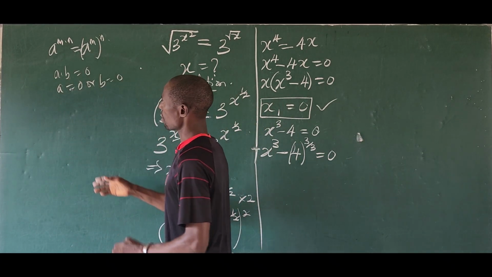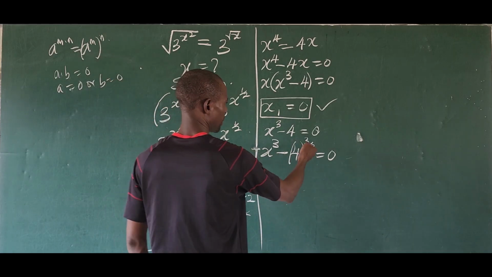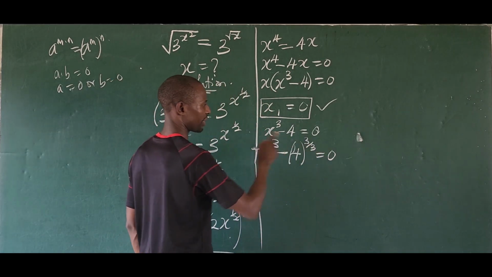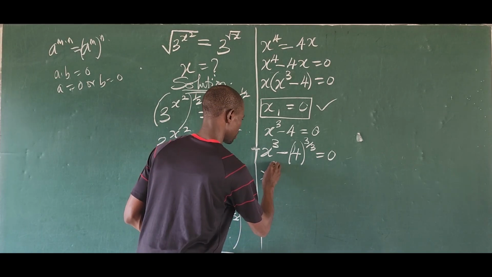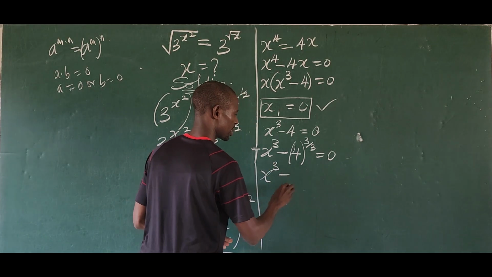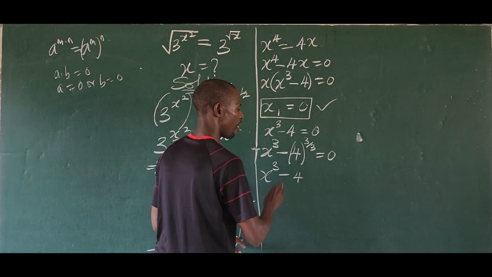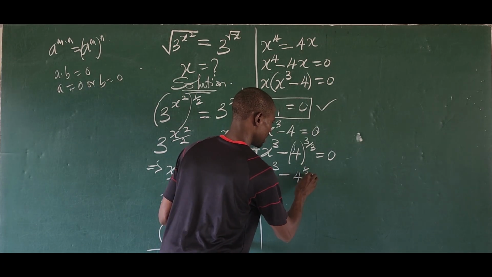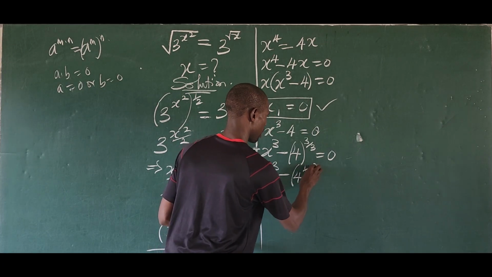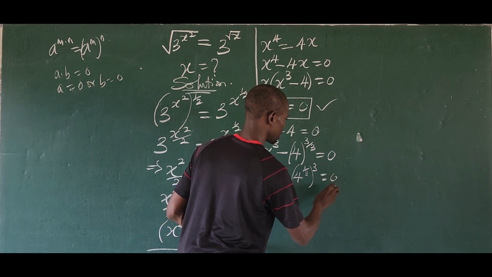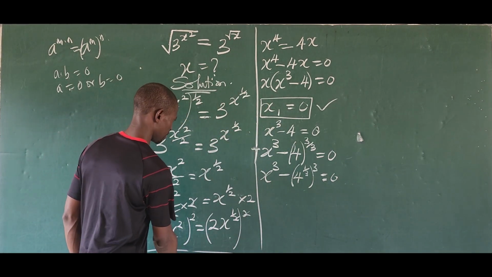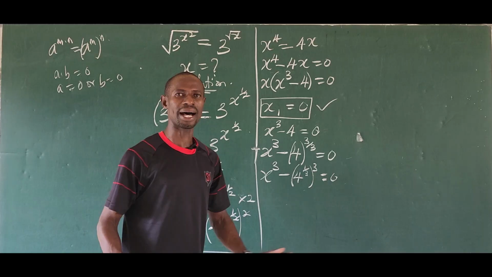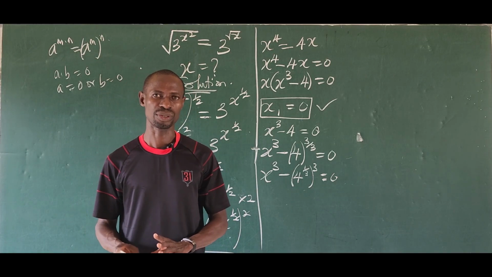If we consider this property, then we can shift this 1 all over 3 inside here. So if we do that, this is going to give us x to the power of 3 minus 4 all raised to 1 all over 3, all raised to power 3 equal to 0. Wow. So with this, we now have what we call a difference of 2 cubes.